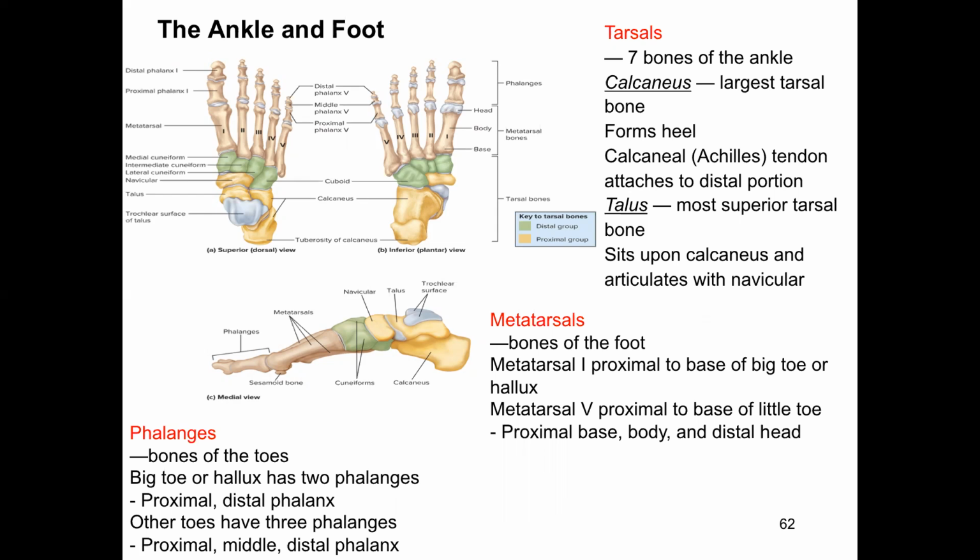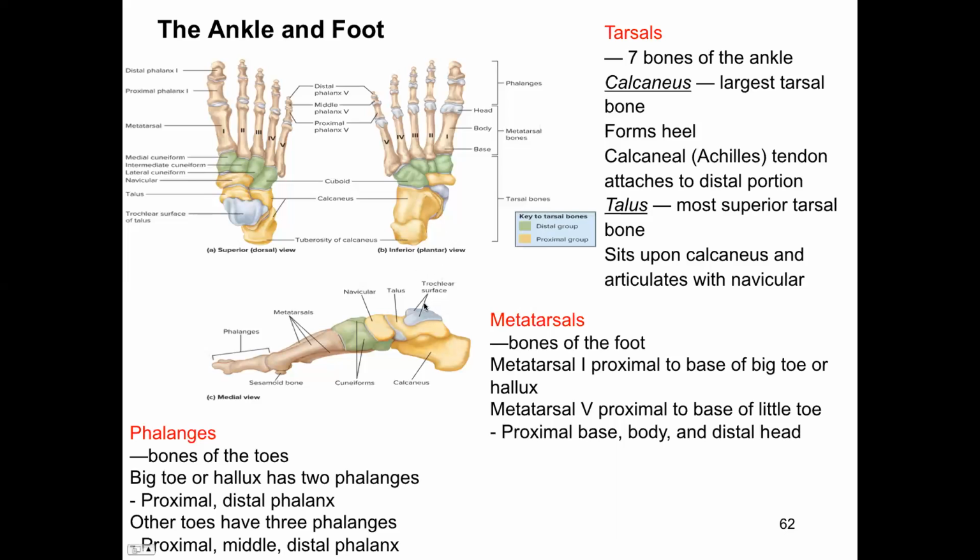Instead of having a K at the end of milk, it's a C. So the medial, intermediate, and lateral cuneiforms make up the MIL of milk, and then the cuboid is the C, which would normally be the K of milk.